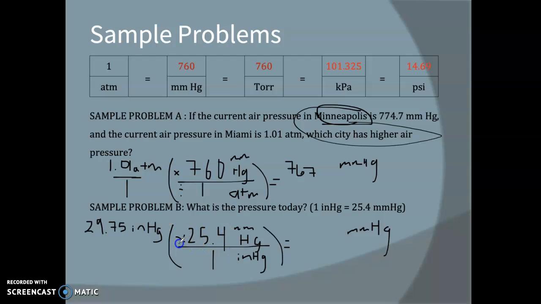So I'm just going to multiply here, divide on bottom. So all I do is my calculator, 29.75 times 25.4 divided by 1. Now in this case it just so happens that would be 750, I'm going to round it, 6 millimeters of mercury.